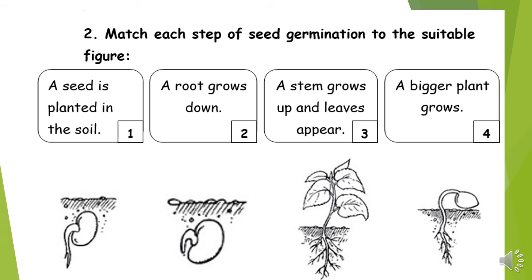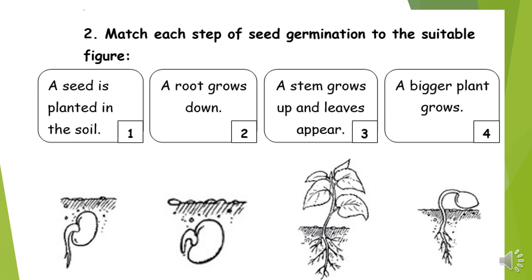Part 2. Match each step of seed germination to the suitable figure. We have 4 steps. Let us read the sentences. 1. A seed is planted in the soil. 2. A root grows down. 3. A stem grows up and leaves appear. 4. A bigger plant grows.